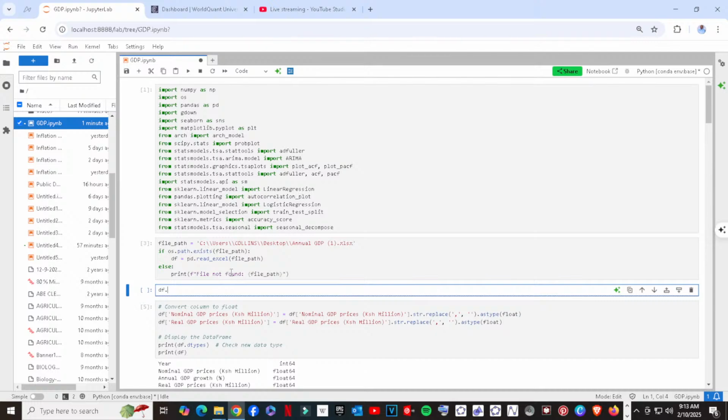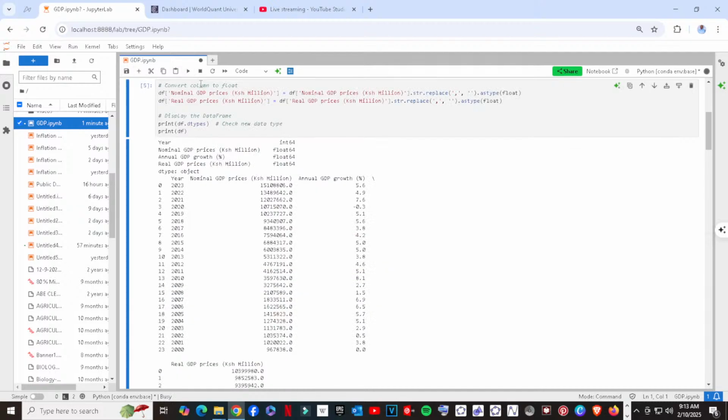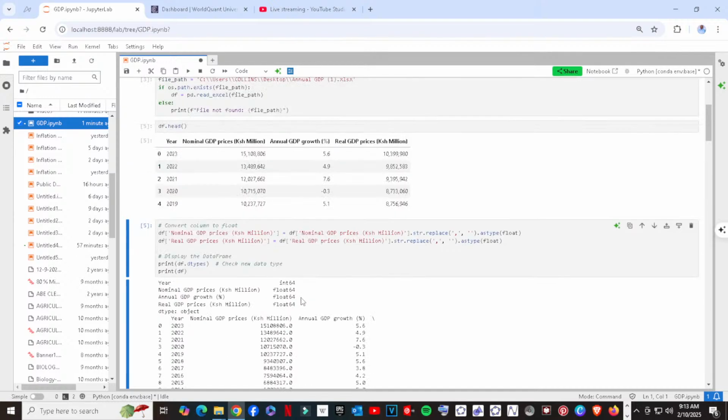So I'll do df.head and see what that gives. So df.head gives us the values that we get, basically what is coming from the Excel sheet.